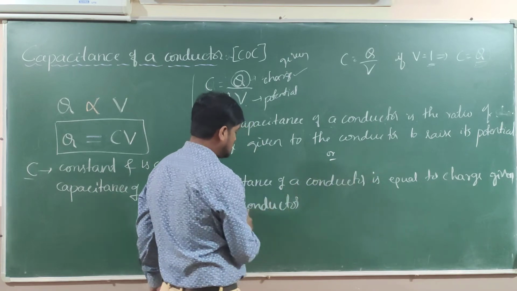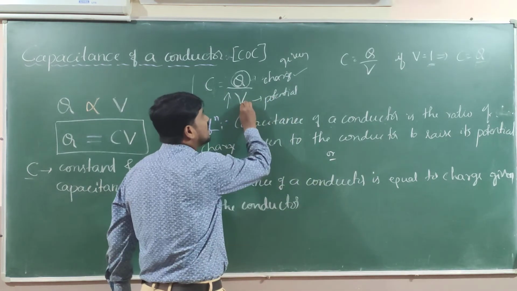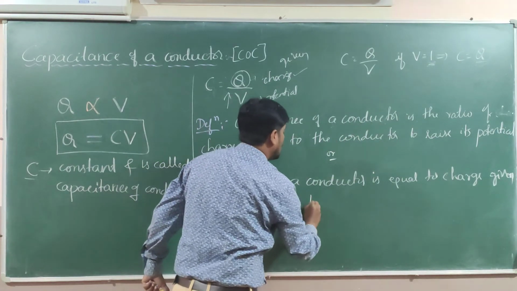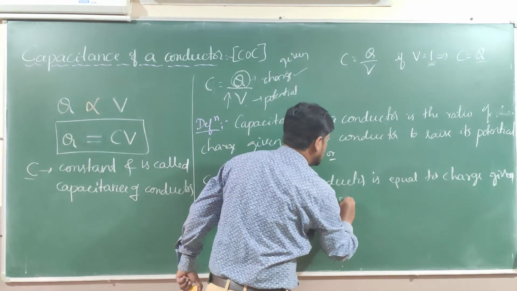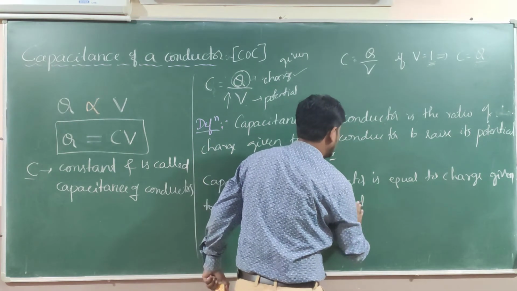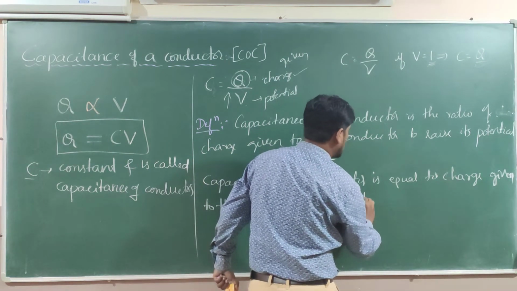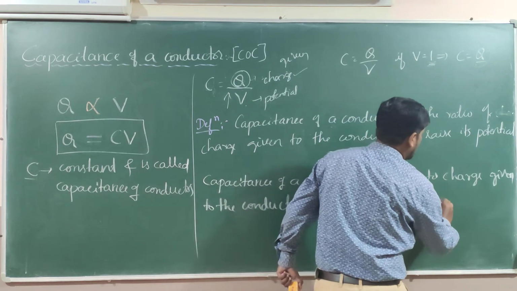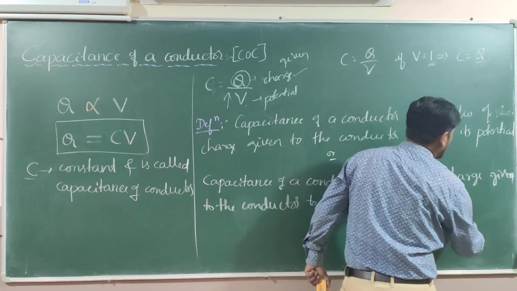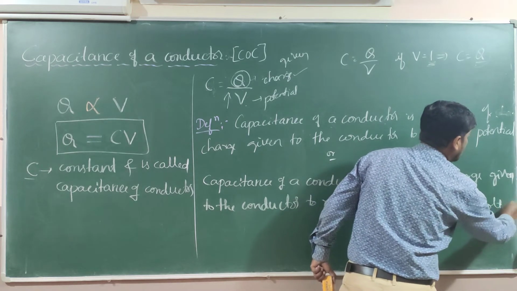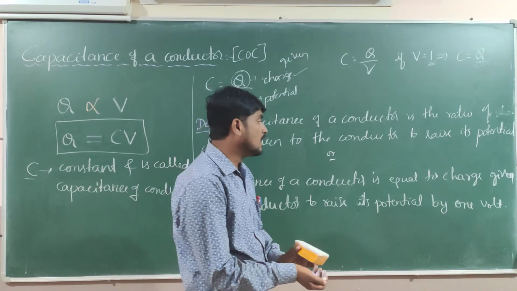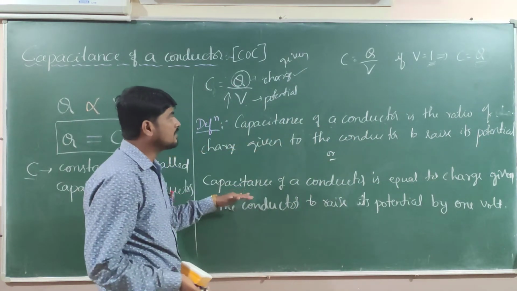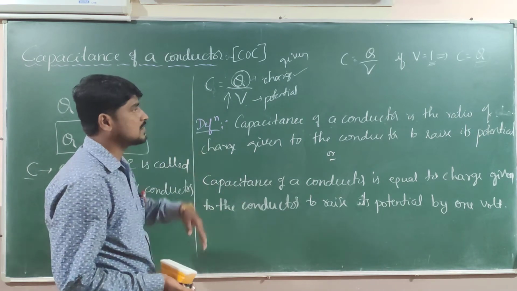After giving the charge, what happens? Potential increases. How much? 1 volt. Charge given to the conductor to raise, to increase, to enhance its potential by 1 volt. Instead of 1 volt, you can use a unit potential. So these are the two definitions of the capacitance of a conductor.